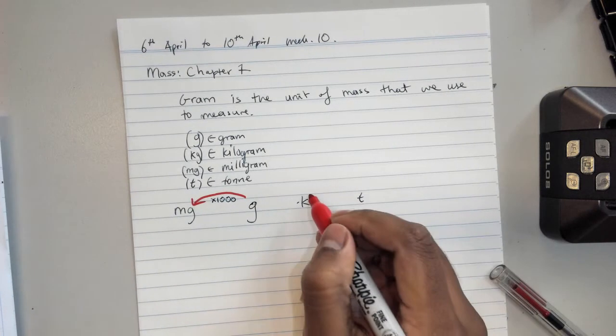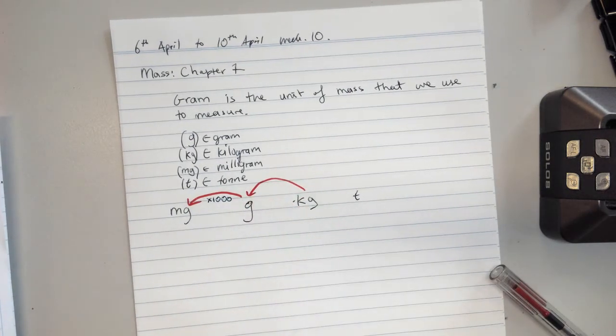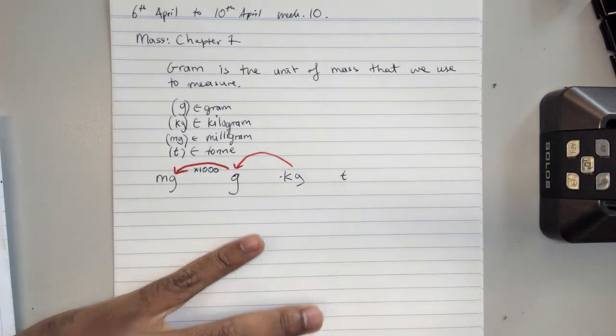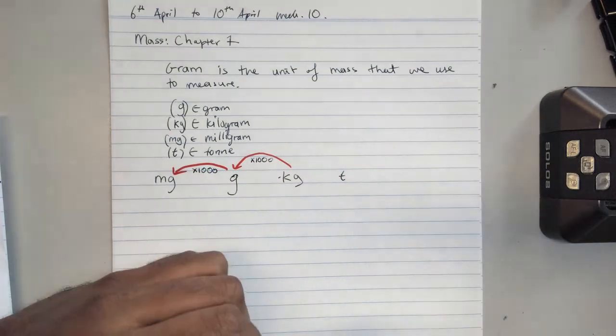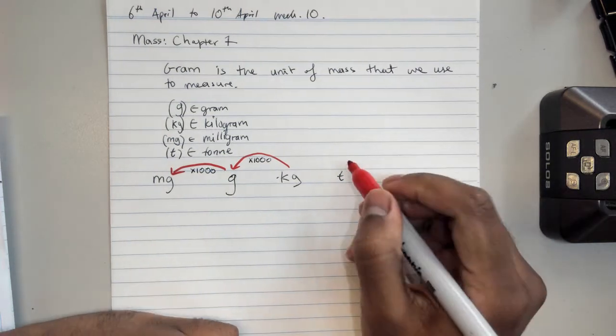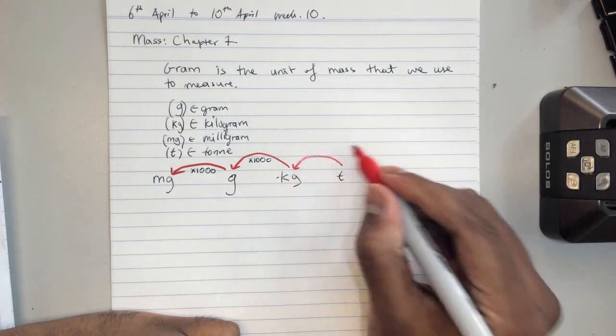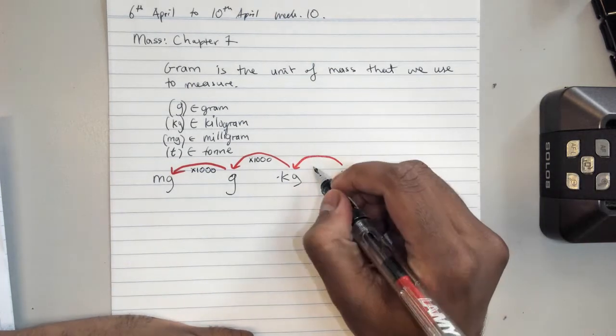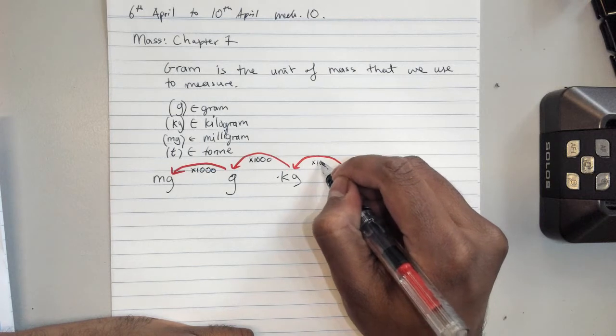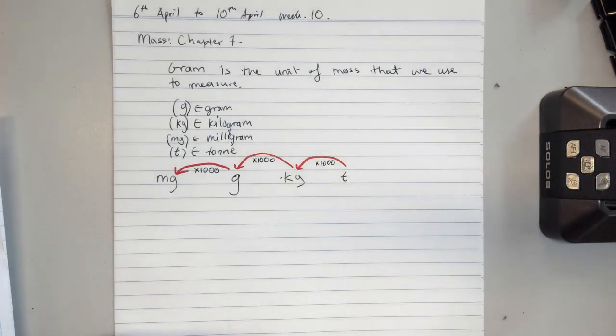To go from kilogram to grams, once again, a kilo means 1,000. So we're going to multiply our unit by 1,000. And then we got our tons into our kilogram, and 1 ton is actually 1,000 kilograms.